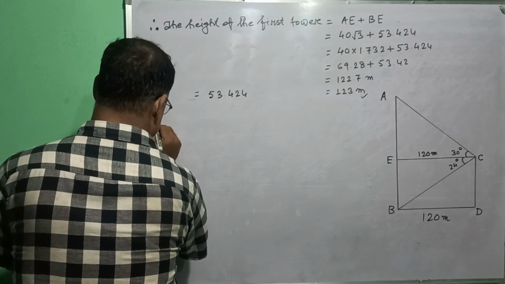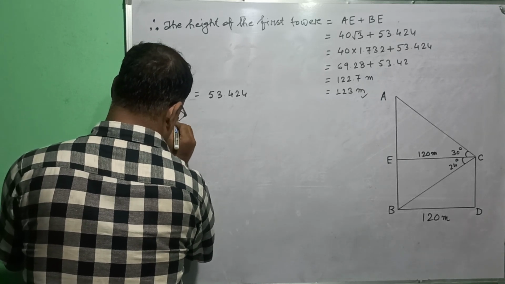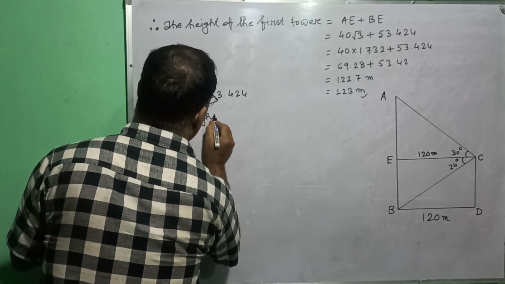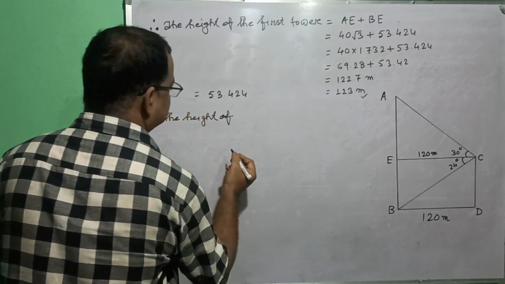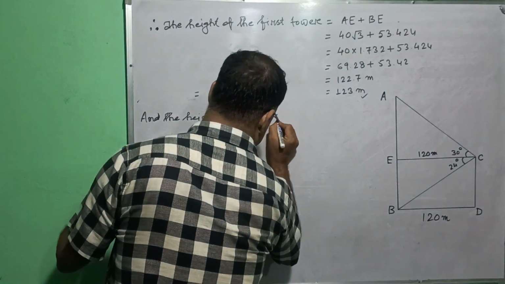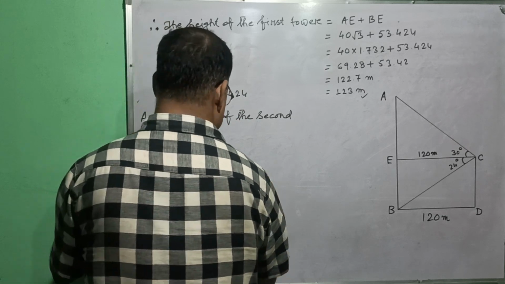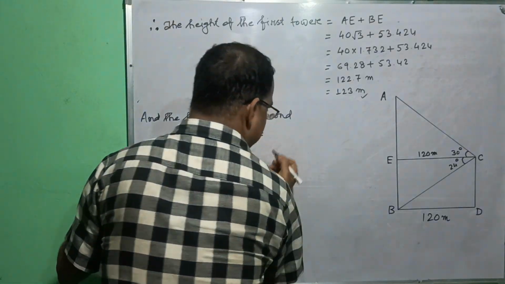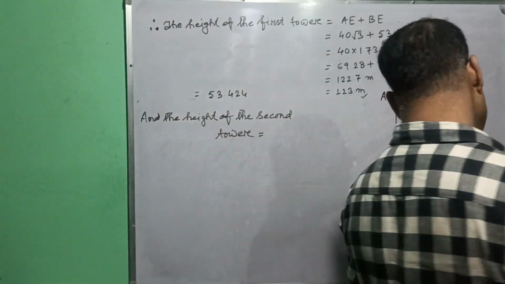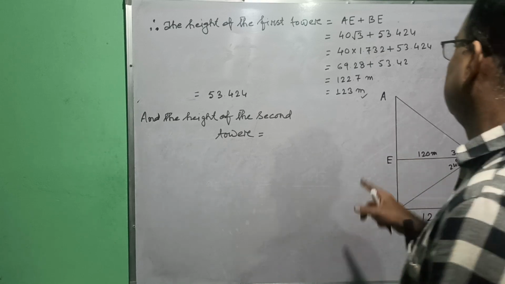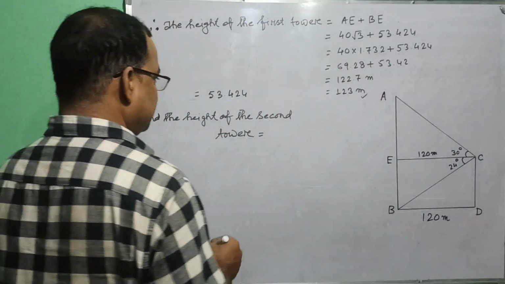And the height of the second tower equal to CD. So CD is equal to BE. So BE is 53.424.